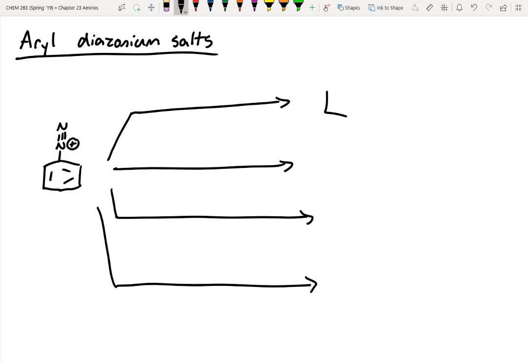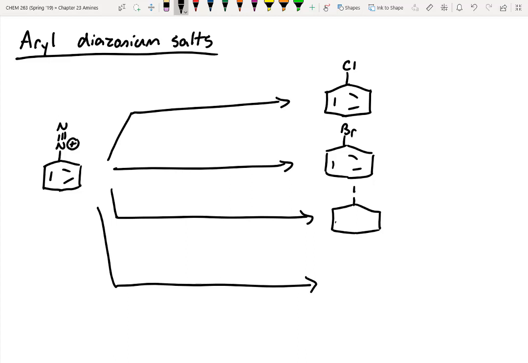The first one involves swapping out that diazonium portion for a chlorine. Next one has a bromine. Next one, probably guess, an iodine. And then the next one, along the same lines, you can actually swap in a nitrile.